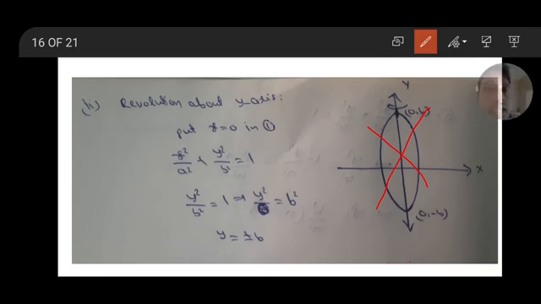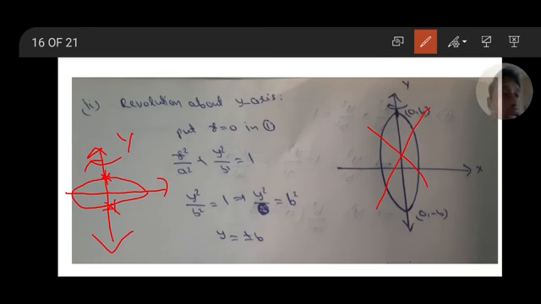Same ellipse means we get like this. This only. We have to find intersection points with y-axis. Intersection points with y-axis, this point and this point we have to find. Okay. This diagram does not change, it comes the same way. Okay, intersection points with y-axis should come. Revolution about y-axis here. So intersection points with y-axis, these limits you have to take.